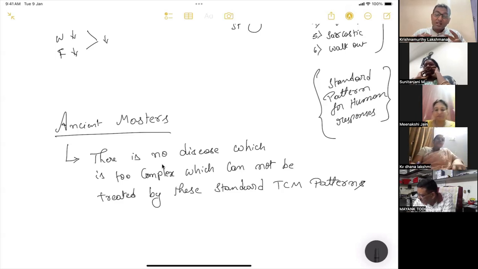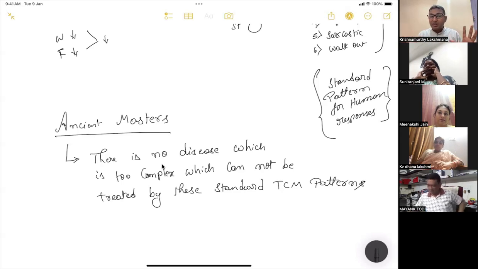The master says there is no disease which is too complex, which cannot be treated with TCM patterns. What he is trying to say is every problem that the human body gets can be treated with these standard patterns. That is what the master says.